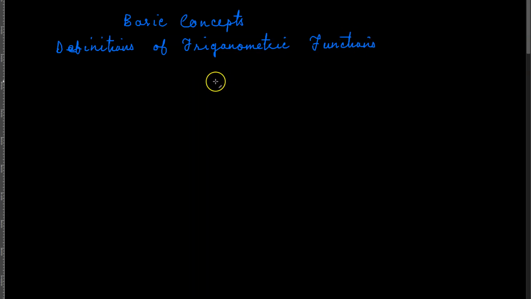First of all, we have the sine function. The domain of the sine function is the set of real numbers, and the codomain of the function is defined as the interval -1 to 1, right?